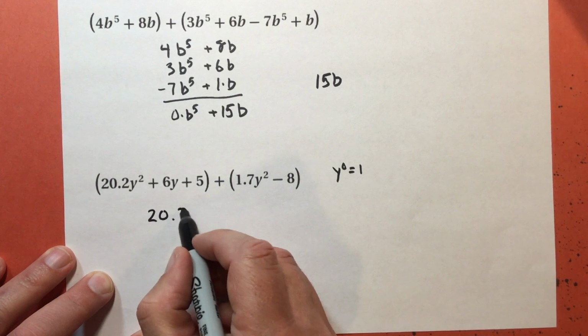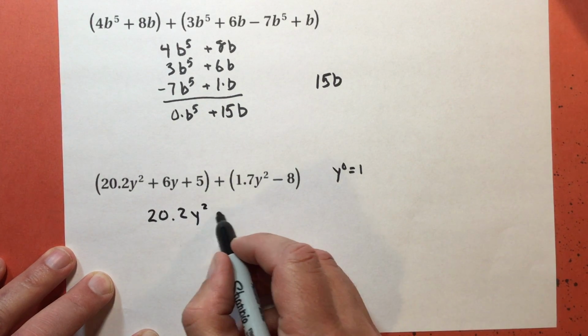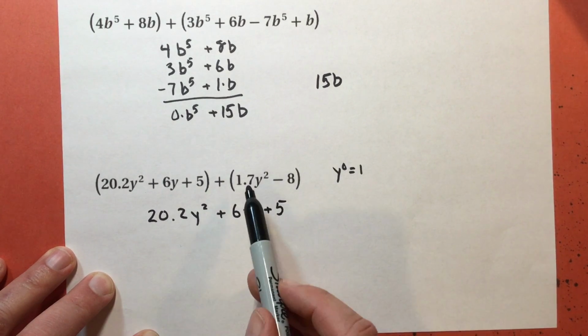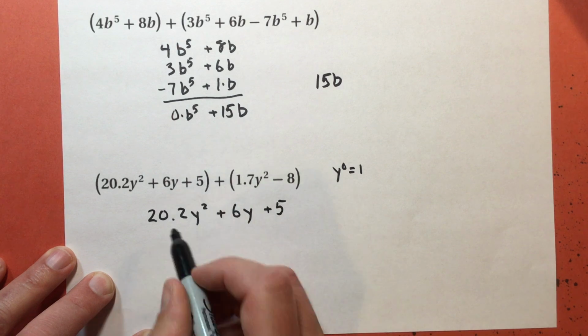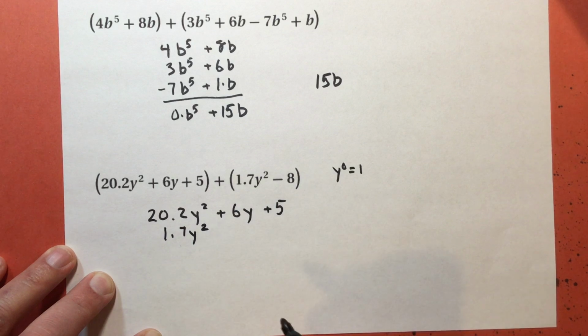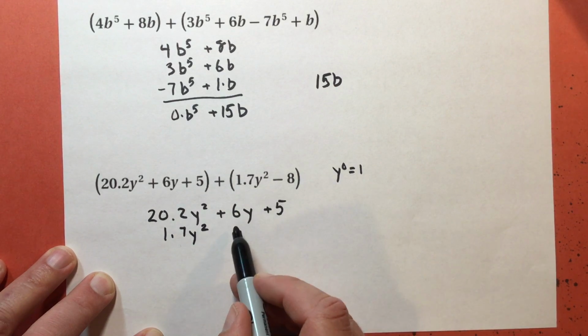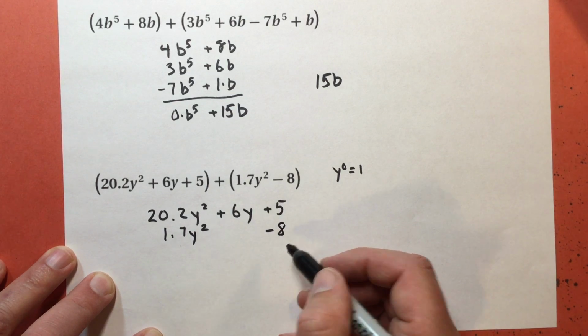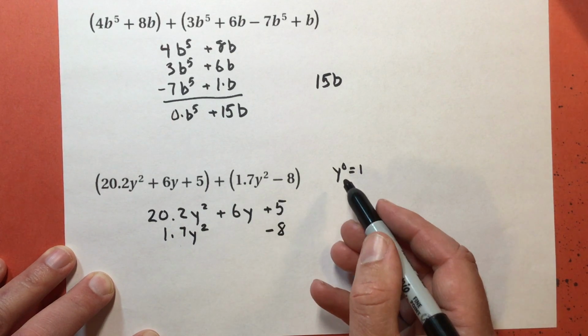I got 20.2 y to the 2nd power plus 6y plus 5. I'm going to put the 1.7 y to the 2nd power below this. The negative 8 does not go below here, it goes below here, because those are constants, or y to the 0 power, excuse me.